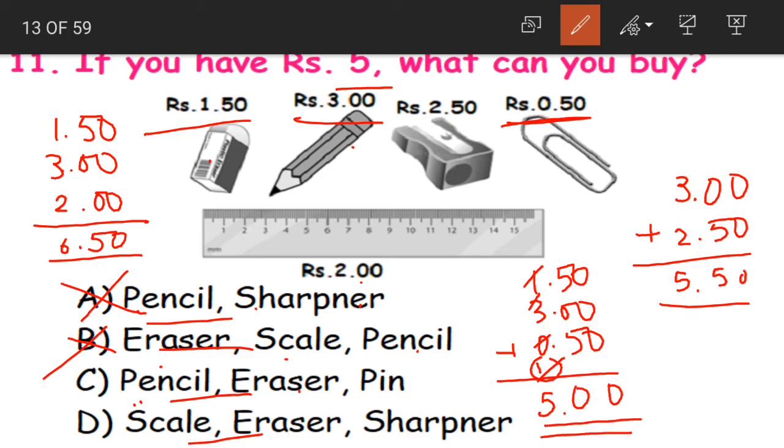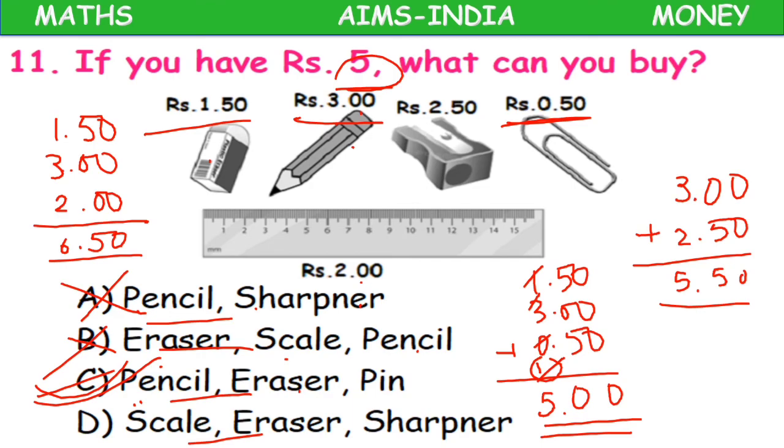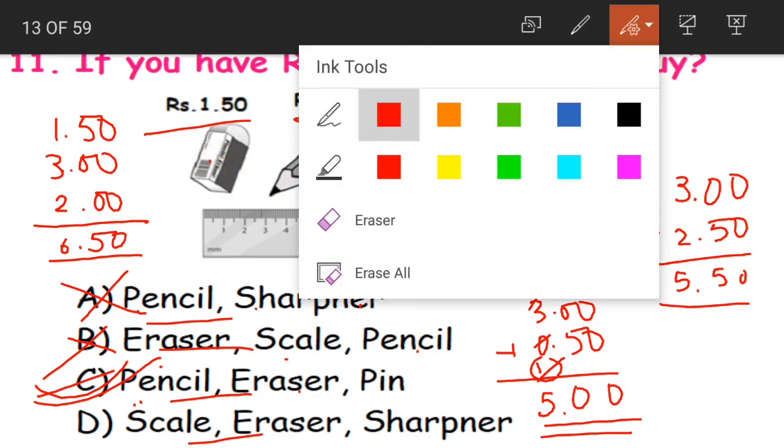So 5 rupees is the answer. And the amount we have is also equal to 5 rupees. So option C is the correct answer. With the 5 rupees we have, we can buy a pencil, eraser and a pin. Clear children? Question number 11.